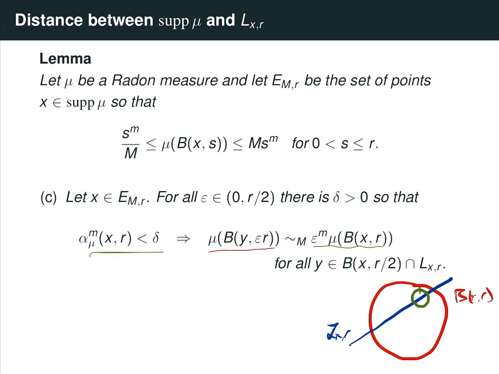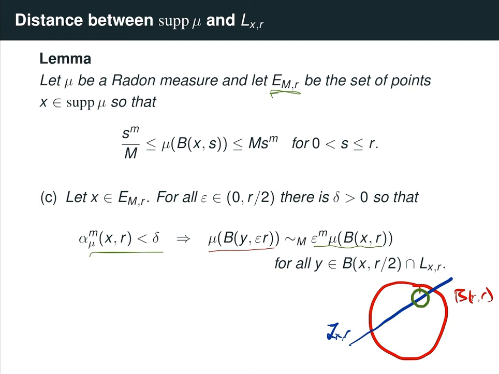Okay, so this should be seen as a counterpart to property A that we saw earlier. Property A said that for points inside the set E_{m,r}, alpha being small implies that those points are close to the best approximating affine plane. This goes in the other direction.